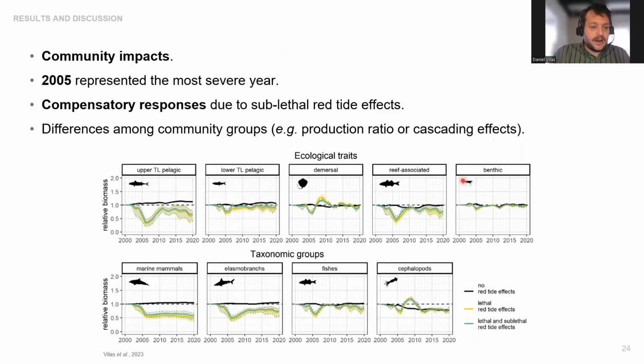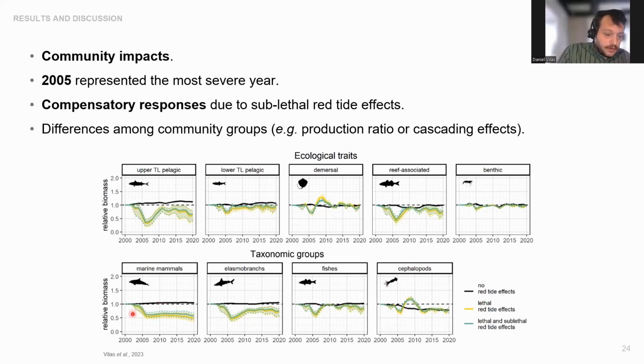And we have a similar picture for the community impacts. We have this decrease in 2005 for most of the groups, but they behave differently in terms of recovering from that 2005 red tide year. The differences between groups are attributed to differences in production ratio or even cascading effects.